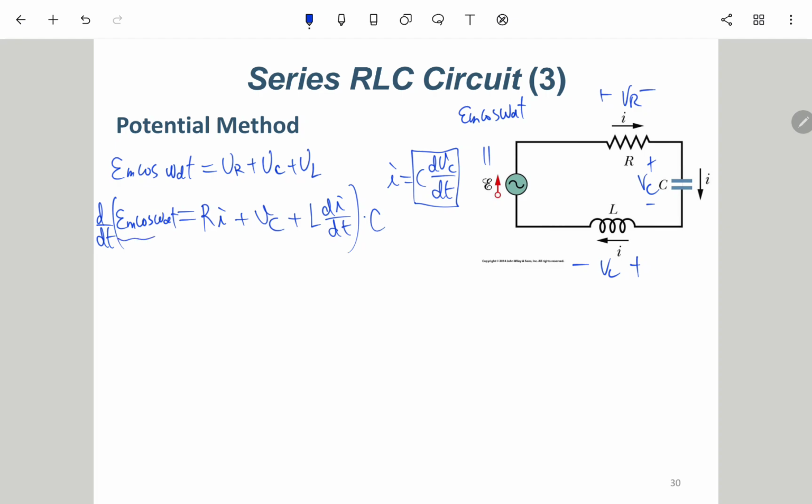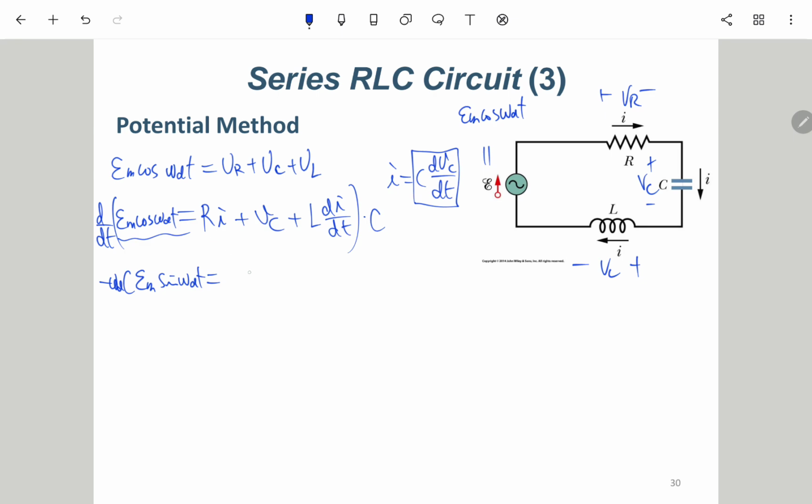For this other term, taking the derivative becomes negative omega_d Em times sine of omega_d t, and then also multiply by C. So maybe I put this here as omega_d C Em, something like this.